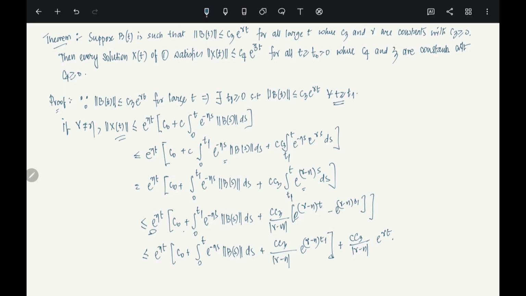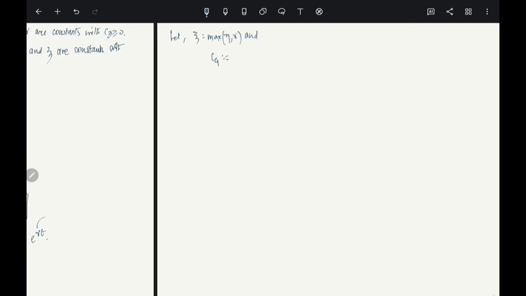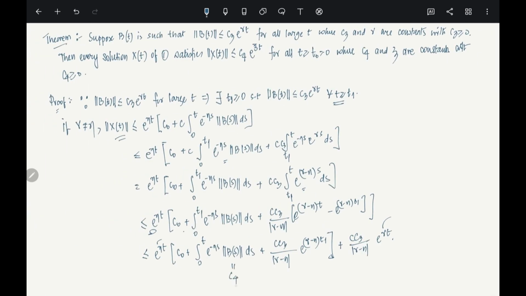Now we are more or less done. If you take the maximum of eta and gamma, let xi be the maximum of eta and gamma, and we define C4 to be this particular term, the whole term in the bracket.